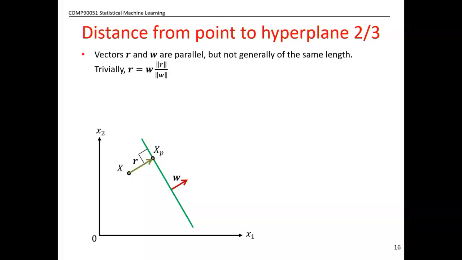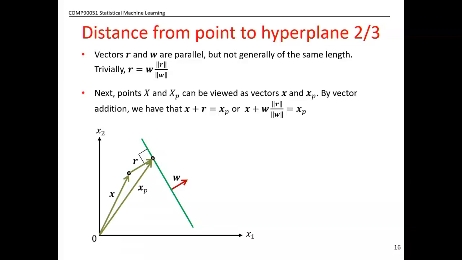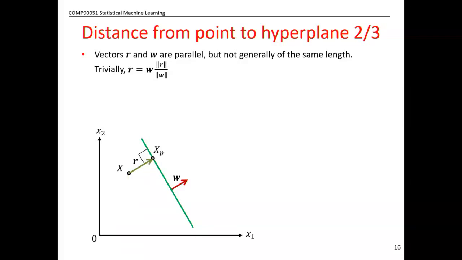Or one might be the negative of the other, but the way I've drawn it for this particular choice of x, they're pointing in the same direction. So r divided by the length of r equals w divided by the length of w. Then I can multiply both sides by the length of r and get that first expression. And I should never use the word trivially, I'm sorry for saying that. Nothing here is trivial, nothing is ever trivial.